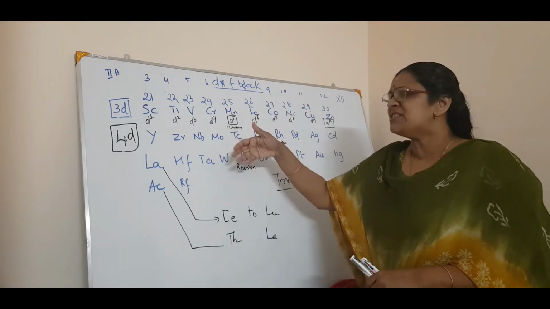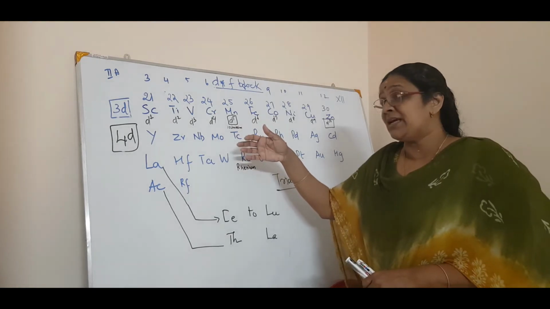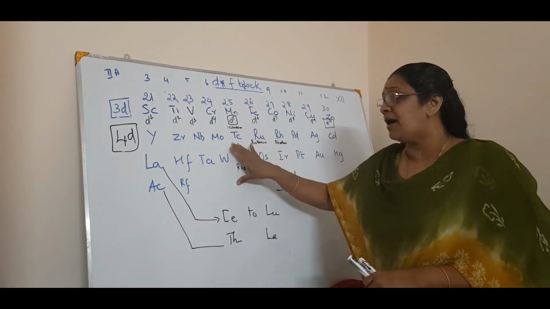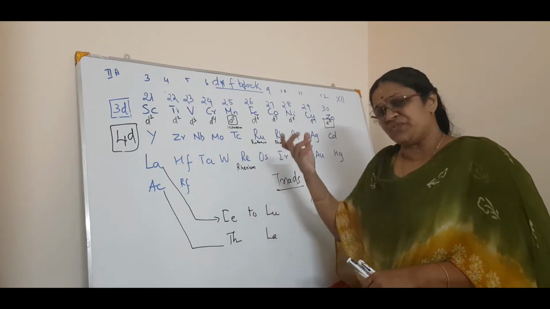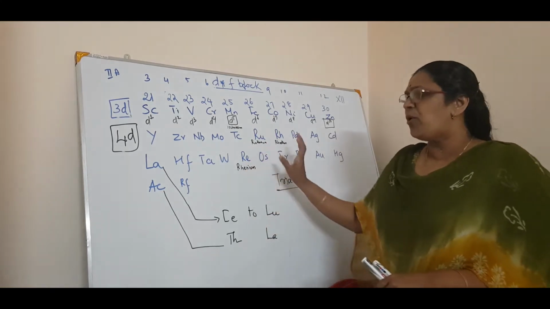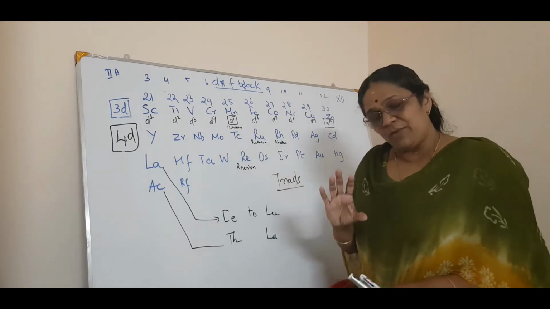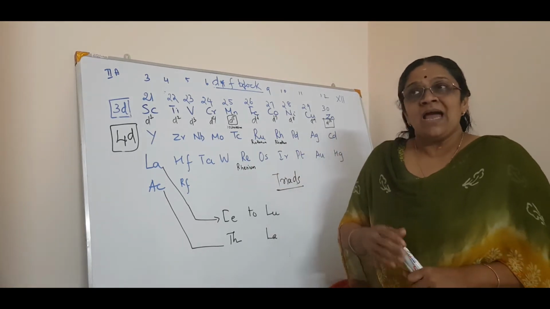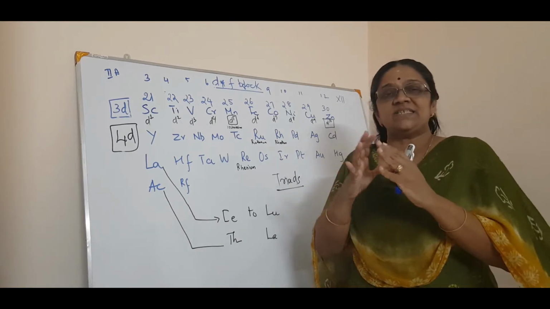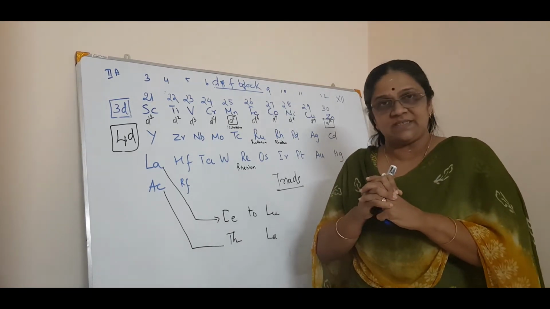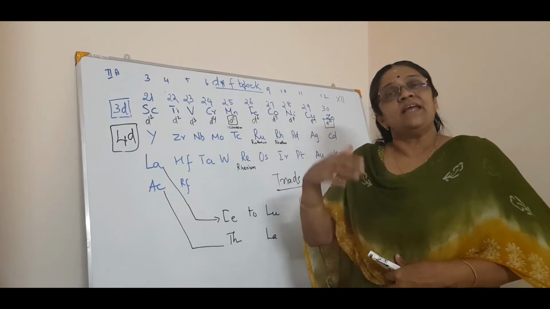So all these properties they can ask from anywhere. All the properties and trends they can ask. So for board exams they will ask. And one more thing I have to tell you is, as far as board exam is concerned, there are typical questions they will ask from the D and F block elements. Typical, which means the repeated questions.